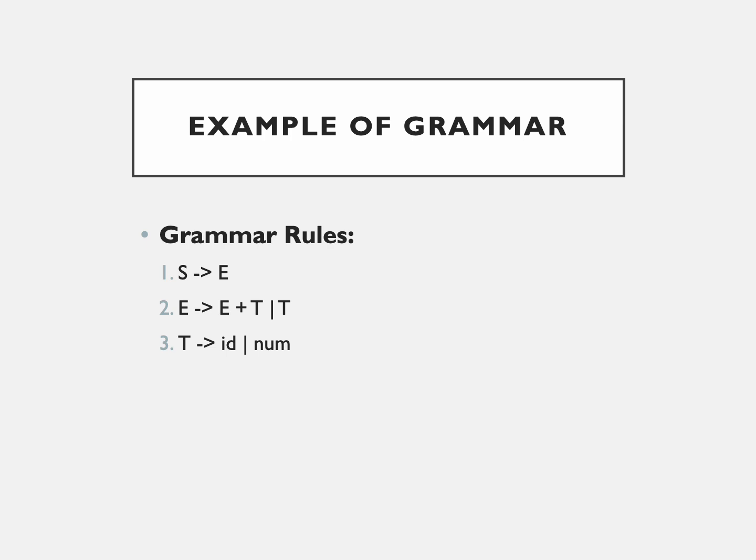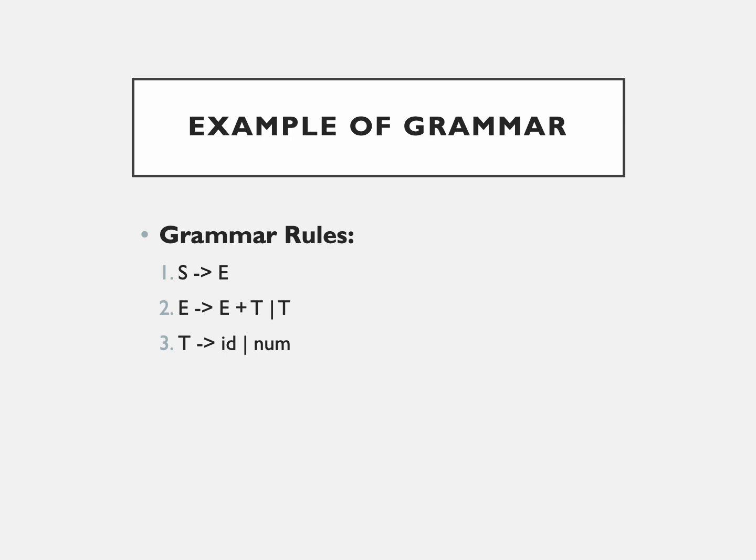Second, we have E pointing to E plus T or T. This indicates that E can either expand into another E followed by a plus and a T, or directly into T.